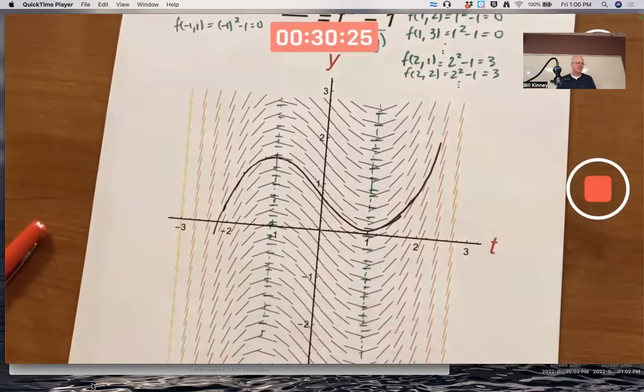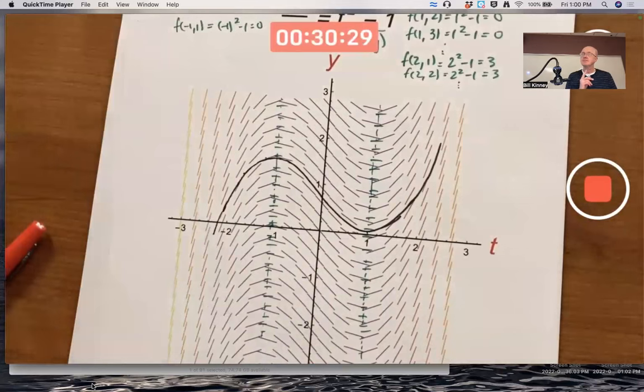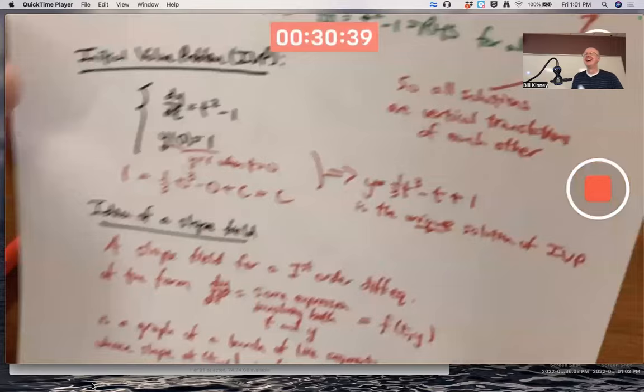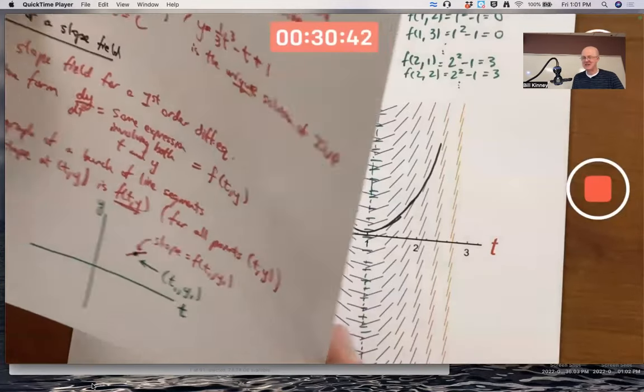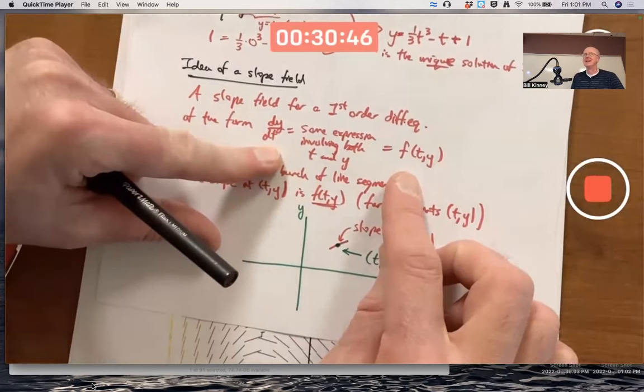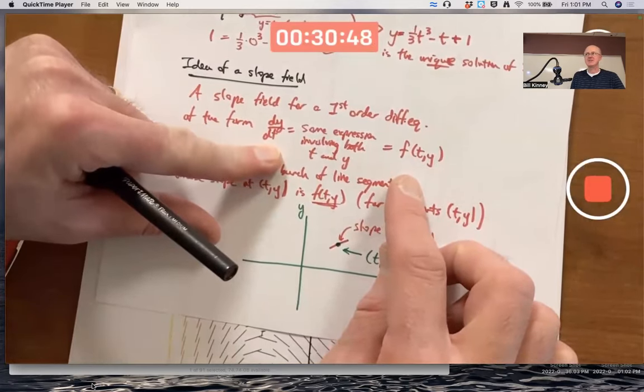Why does this happen? Remember on Wednesday, I suggested you think of differential equations as talking to you. Don't go crazy with that. It's like you're having a conversation with the differential equation. Hey, differential equation, tell me something. The differential equation doesn't say much.